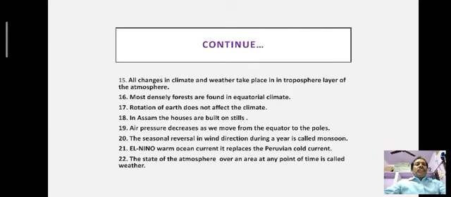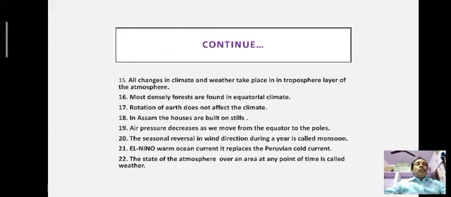As I told you, all the changes take place in the troposphere layer of the atmosphere. So that is the climatic changes. Next, the most dense forest is basically found in the equatorial climate.